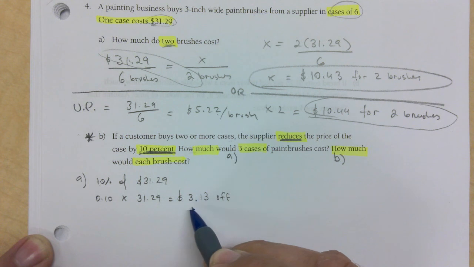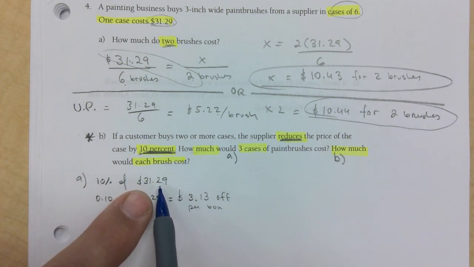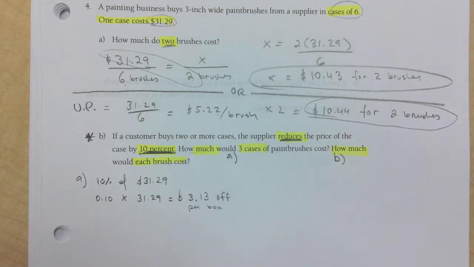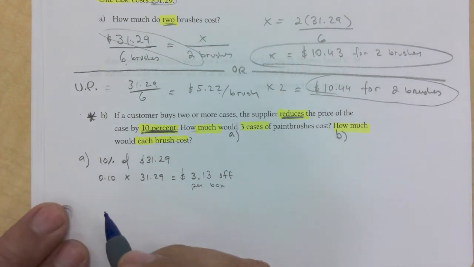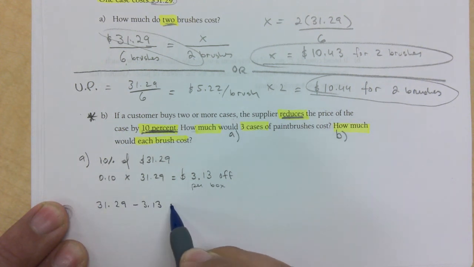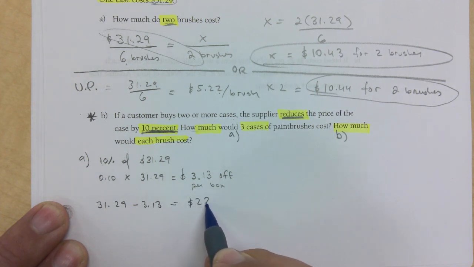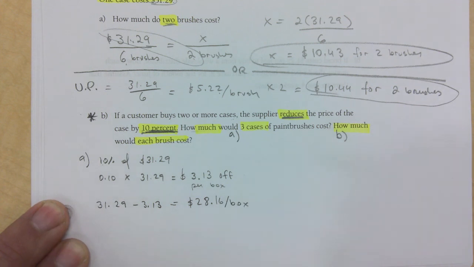This is how much you're getting off for every box. Because we found 10% of one box, every box will cost that much less. So 31.29 minus 3.13 is going to be 28.16 per box. I'm going to slow down a little bit.